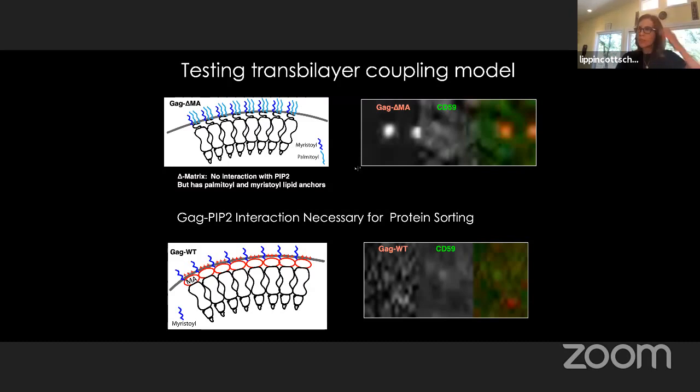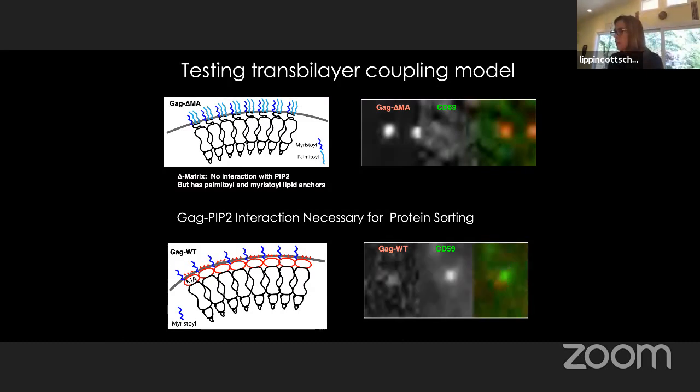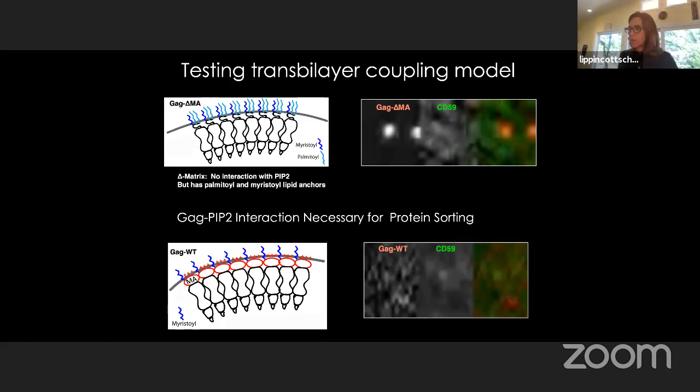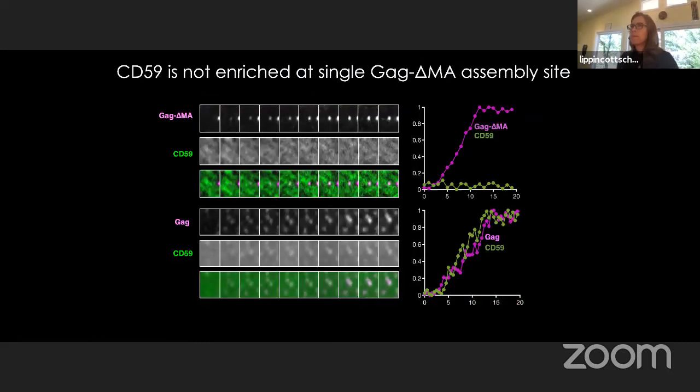And this is in contrast to the wild type GAG, where you can see very quick recruitment of CD59 into these domains. So here we've got a comparison of the GAG without the MA domain, where you do not see CD59 going into the particles that are forming under these conditions.